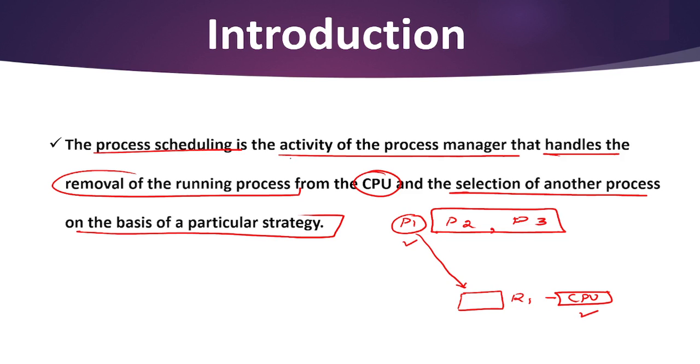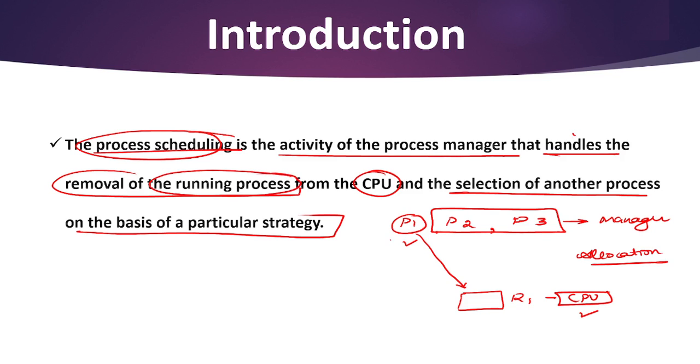That's what we have discussed here. Process scheduling is the activity of the process manager. So all these three are the processes, and the process manager is responsible for the management and allocation of the resources to these processes. Okay, so it handles the removal of the running process. Let's say at point 1, P1 is using the resource CPU.